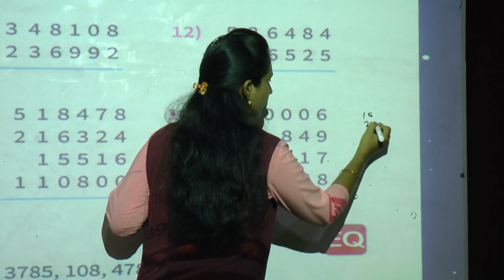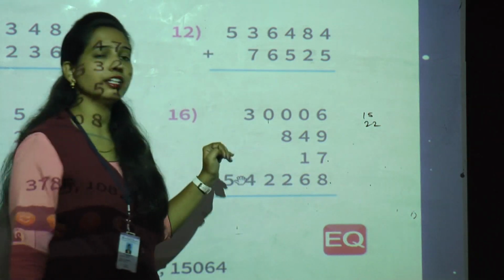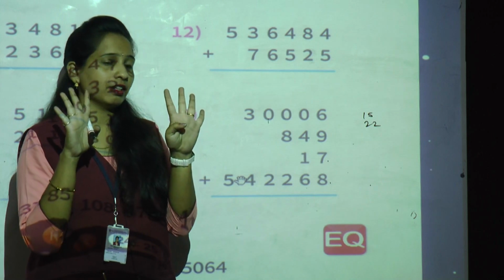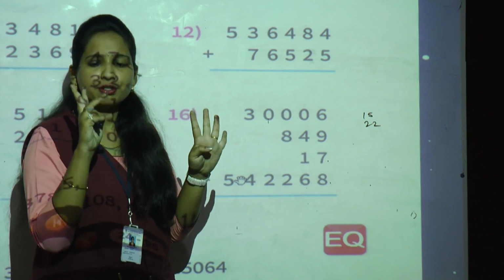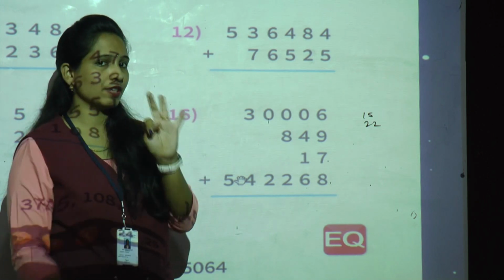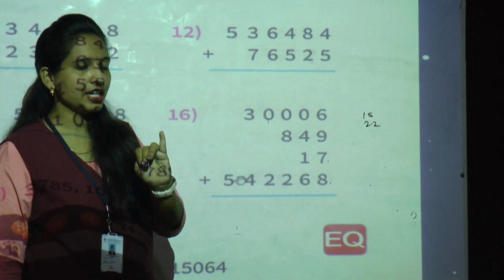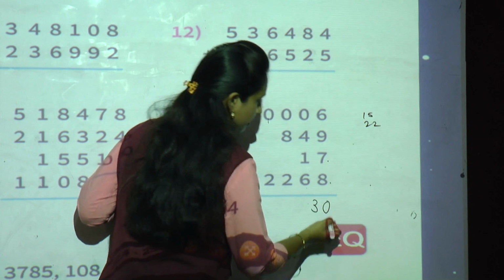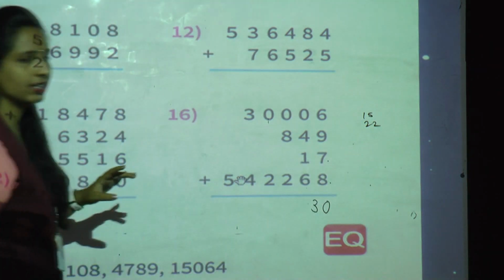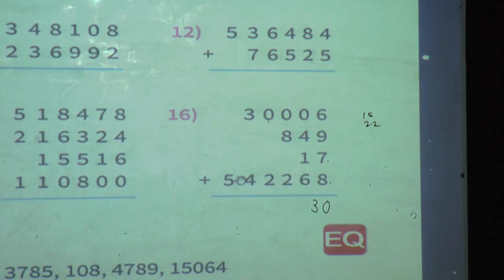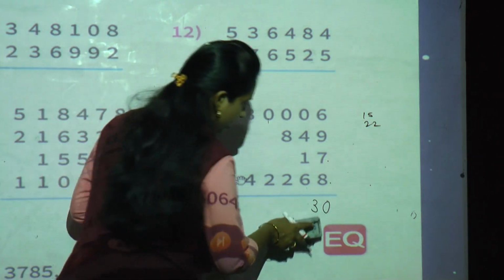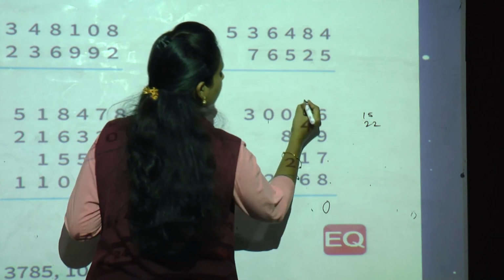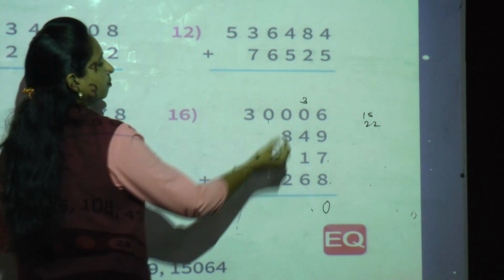So write 22 again and we have to add again 8. 22 after 23, 24, 25, 26, 27, 28, 29 and 30. So how we will write 30? See, 0 will remain as it is on ones place and this 3 tens will carry to the tens place.